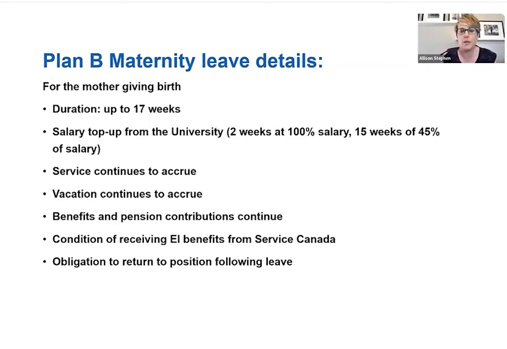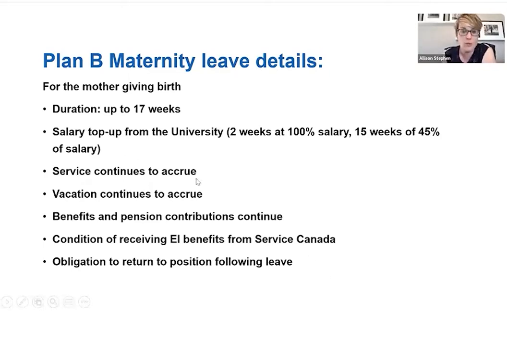And we give you 15 weeks of salary top up at 45% of your salary. So the idea is that you will apply for EI and they will pay up to 55% of your salary. And then the university tops up the remaining 45%. So in total, you would get 100%. So that is the maternity leave payment piece.